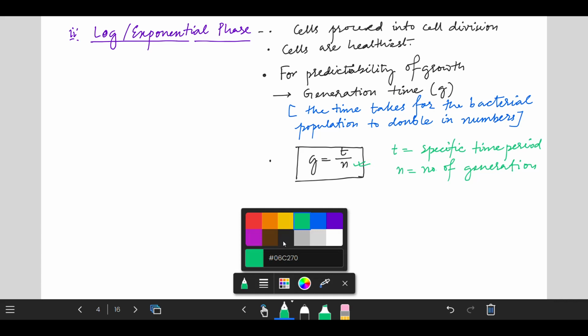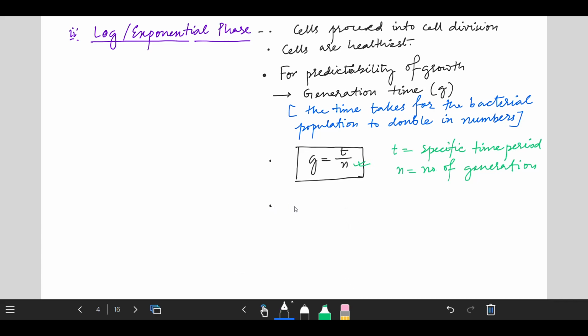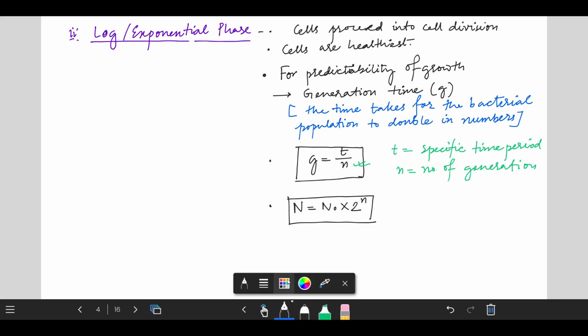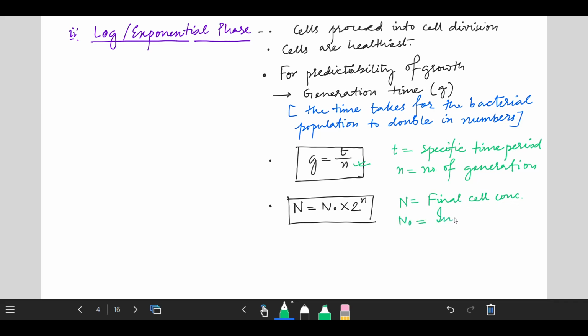Another mathematical formula we should know is N equal to N0 into 2 to the power n, where N is the final cell concentration and N0 is the initial cell concentration.